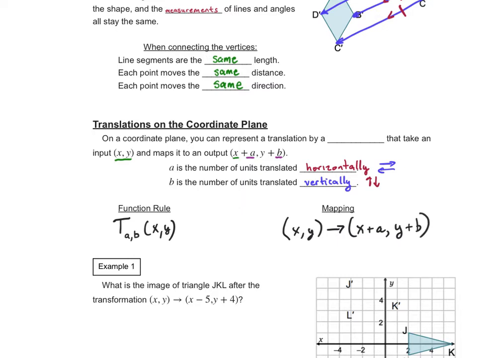That is the way you would see the mapping or function rule displayed, and this means we're going to move all X values A and all Y values B. The mapping rule says we are going to add the A value to my X, and add the B value to my Y.